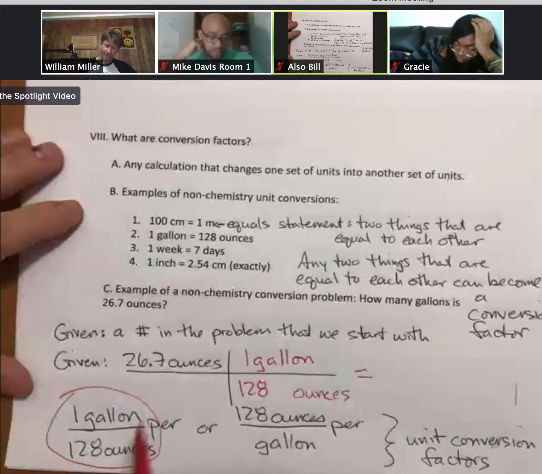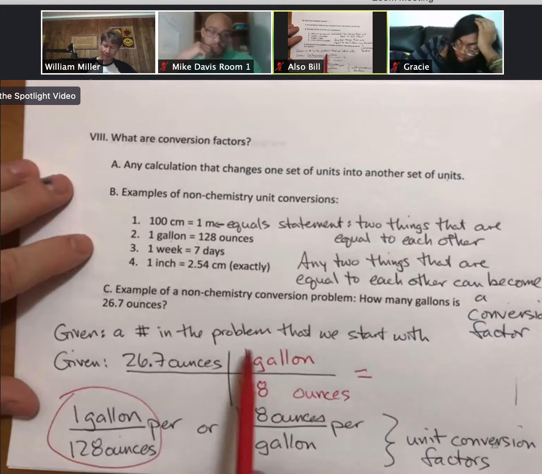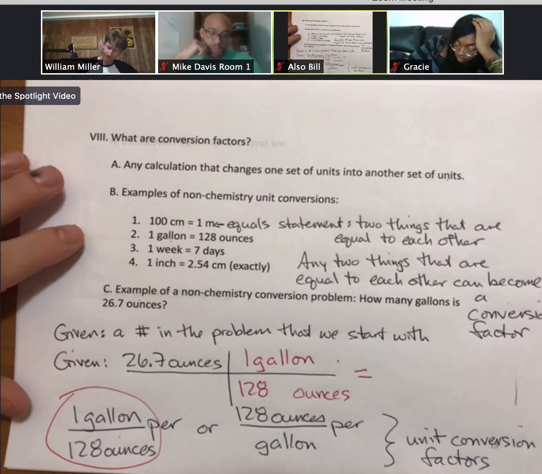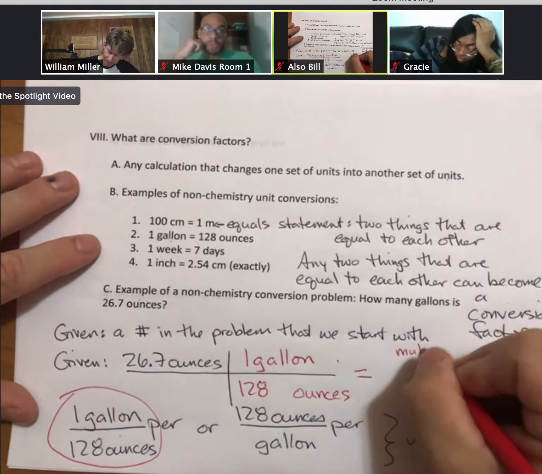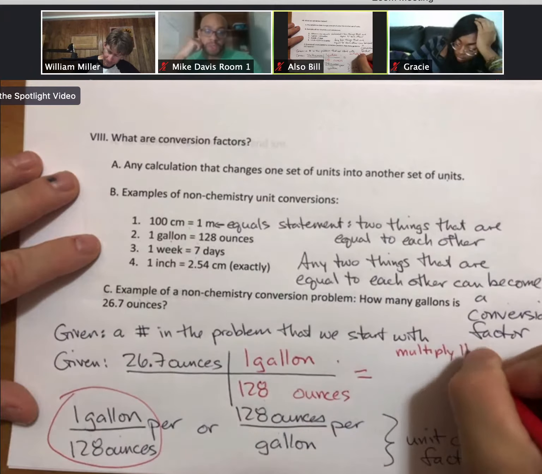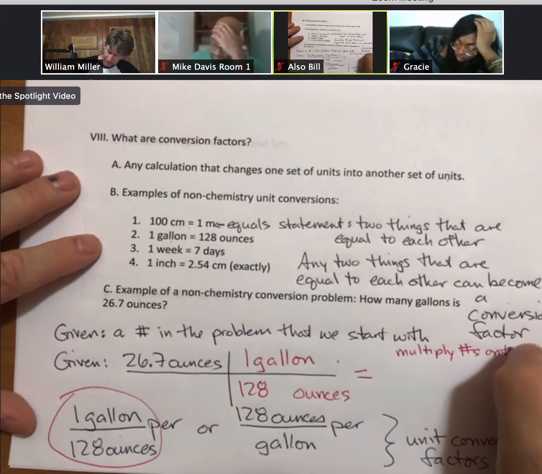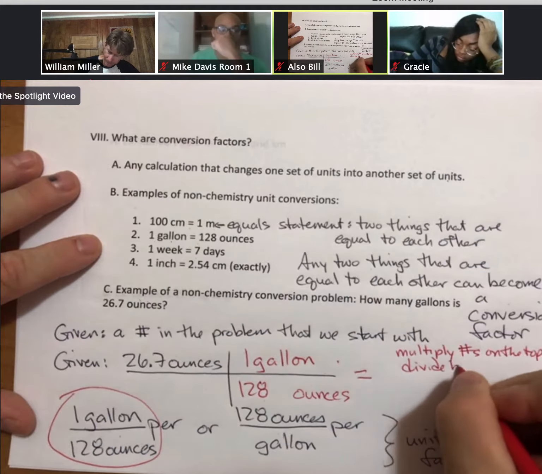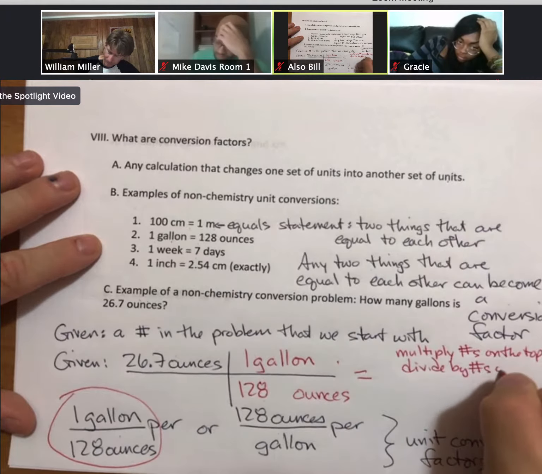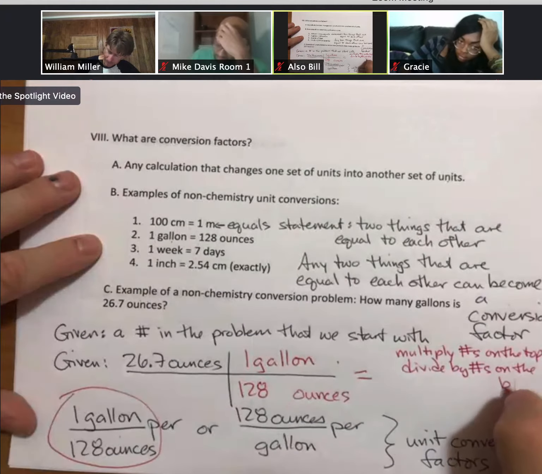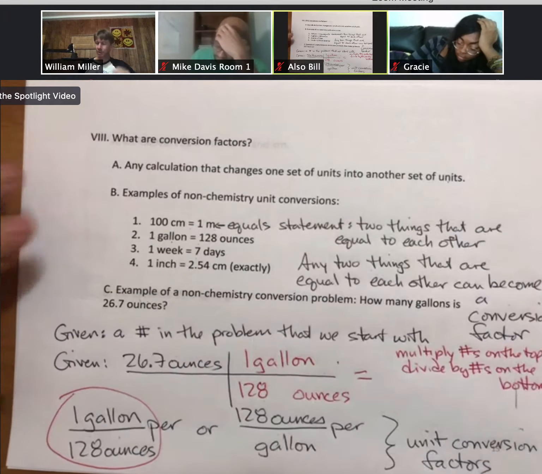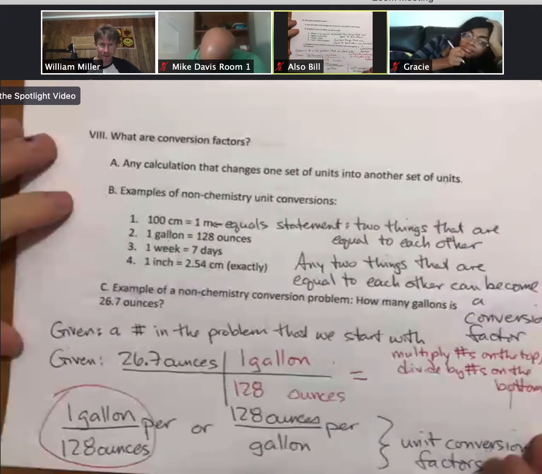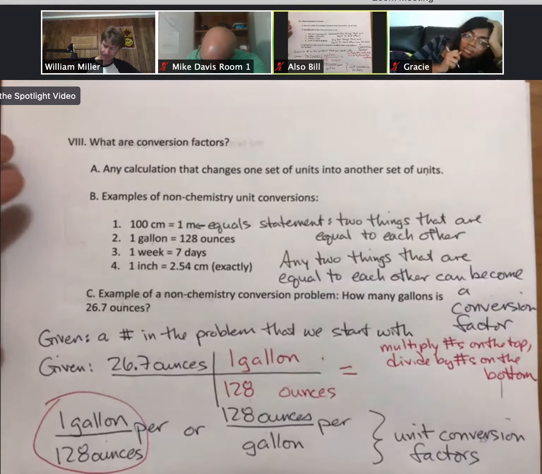And then to solve the problem, I multiply by all the numbers on the top and divide by numbers on the bottom. Multiply numbers on the top, divide by numbers on the bottom. I lost a little bit of the page there. There we go.